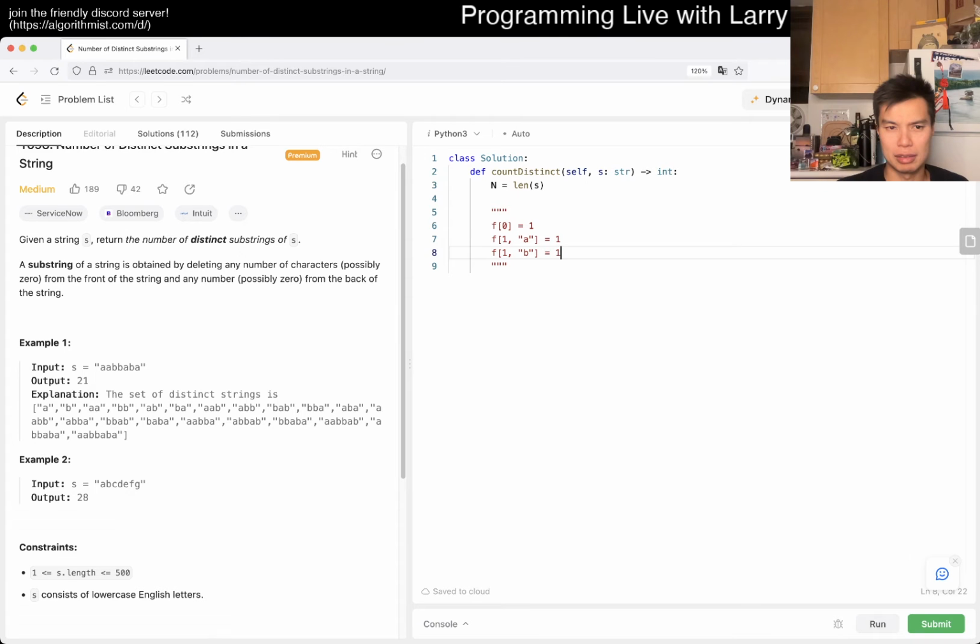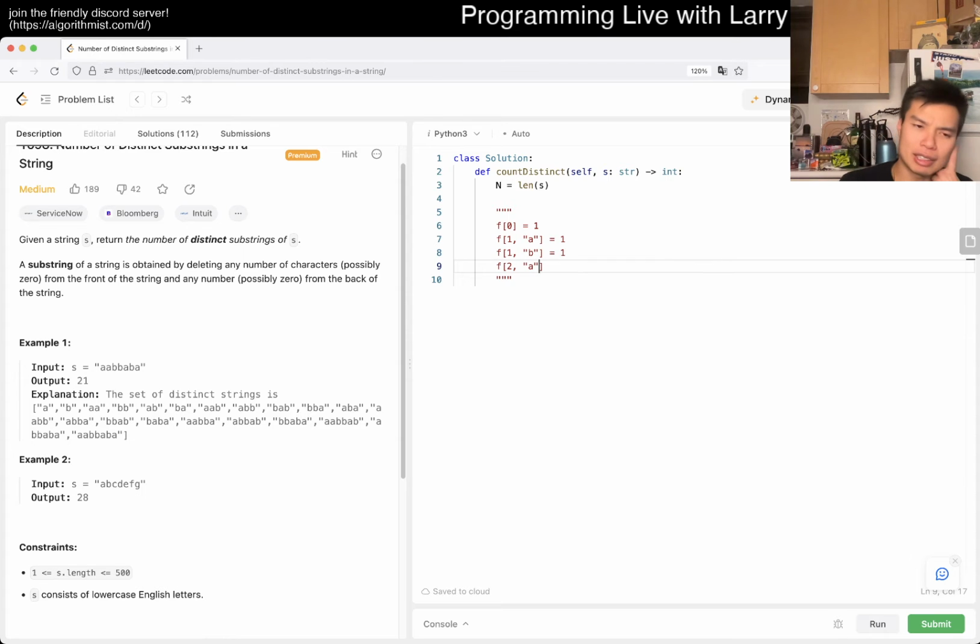I don't know, right? So f of 2, where the last character is a, so then a could end a b, but I don't think this is an easy way to build out of it either, because I forget, I remember the answer, forget the principle.